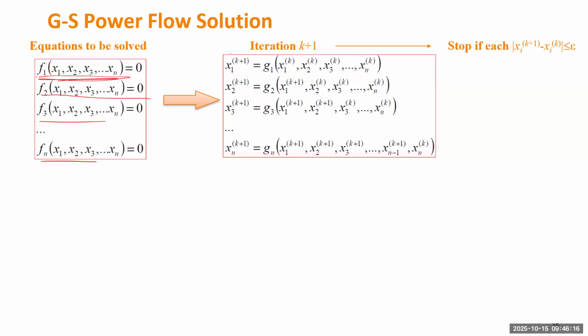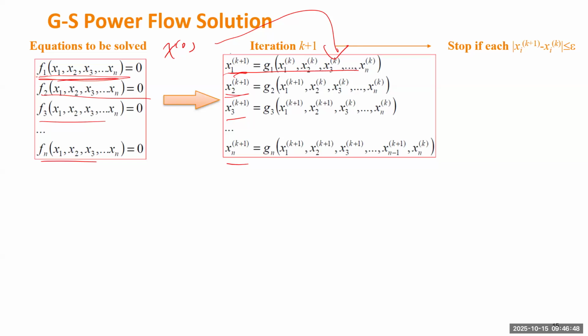To start iterating, we need to rewrite each equation. We move one variable to be solved to the left-hand side, and the rest of the equation will be on the right-hand side. Then we start the iteration. We start from x0 as the initial estimate, plug it into the right-hand side, and get the result from the first iteration.